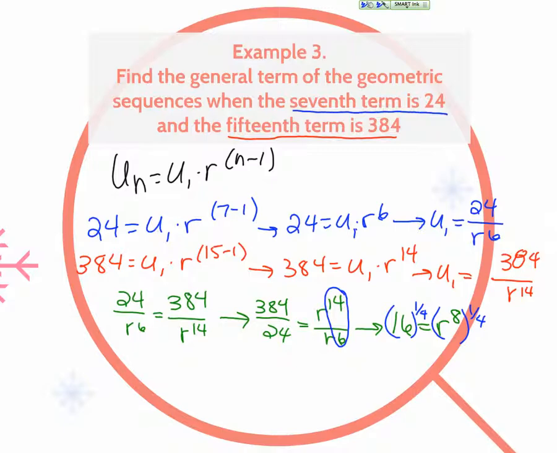Do you guys remember how the power of 1/4 is the same as the 4th root? So that's going to bring this down to r squared. What's the 4th root of 16? Or what times itself 4 times equals 16? 2. This is getting pretty cute, because now I can square root, and r equals the square root of 2.